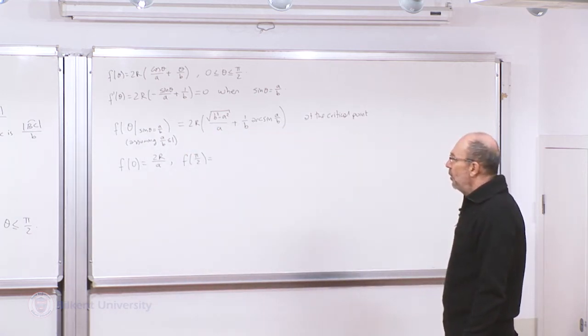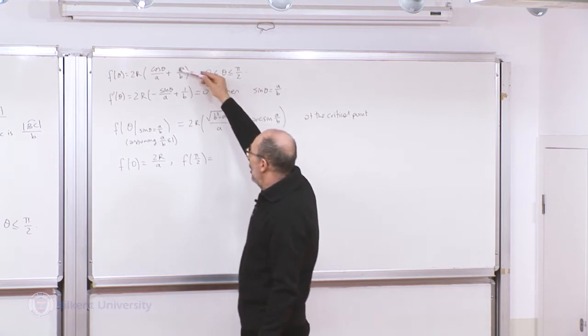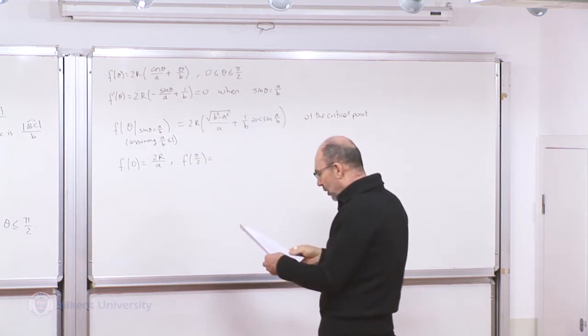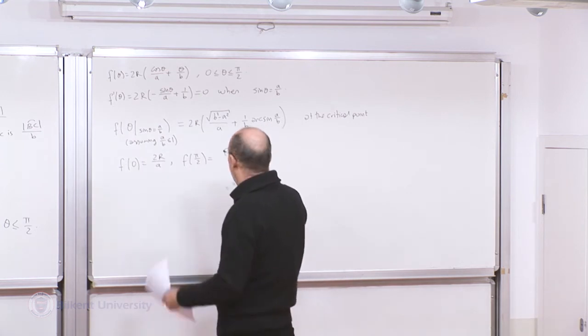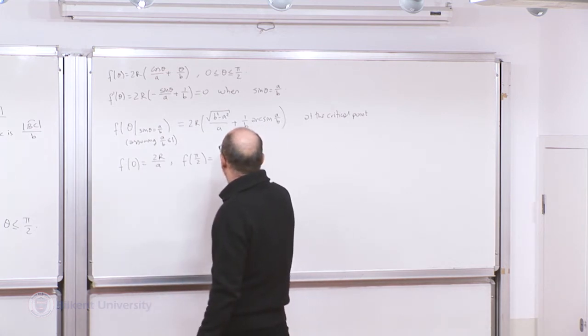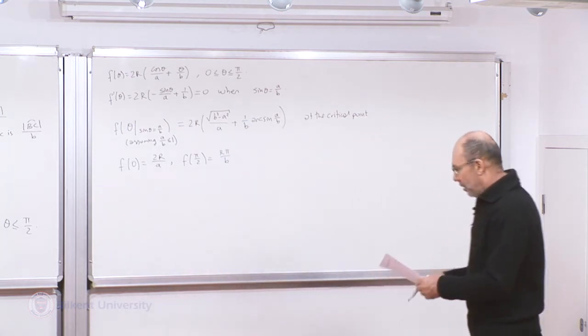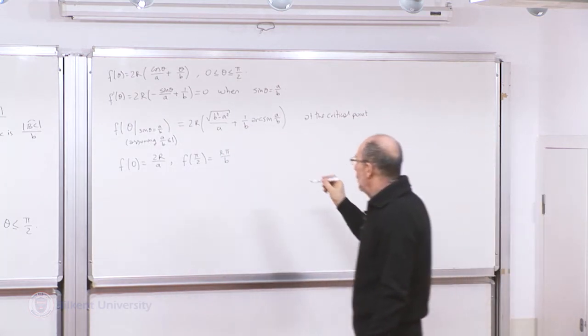Now cosine pi over 2 is 0. So you have 2r times pi over 2b; the 2's cancel, and you have r pi over b, at the endpoints.